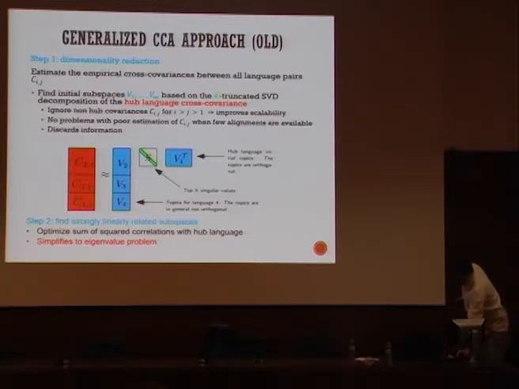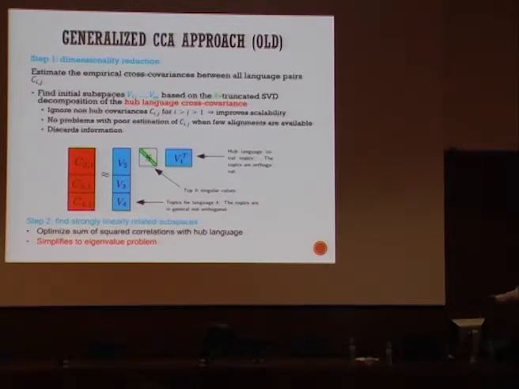So I think we can skip this. This was, in fact, the old approach. You can think of this as cross-covariance matrices with English. You just put them together, do the random projection, compute the SVD to reduce the dimensionality of the data, and then you find these strongly linearly correlated subspaces.